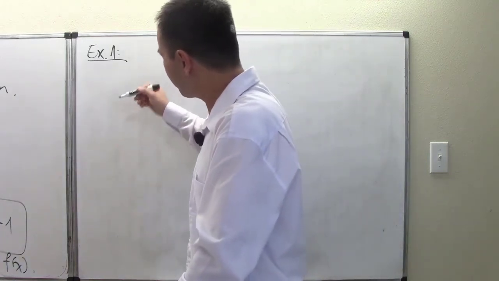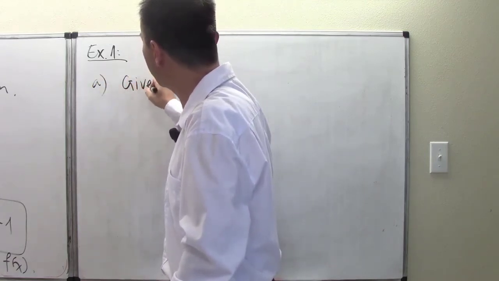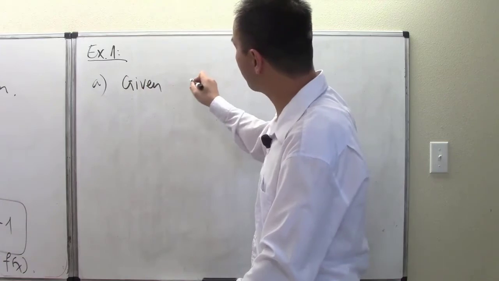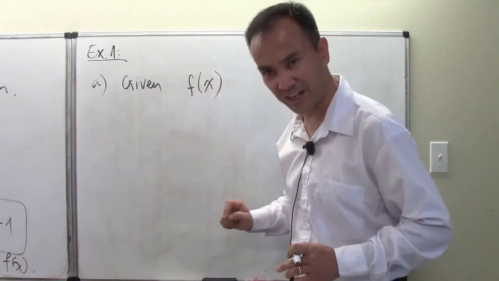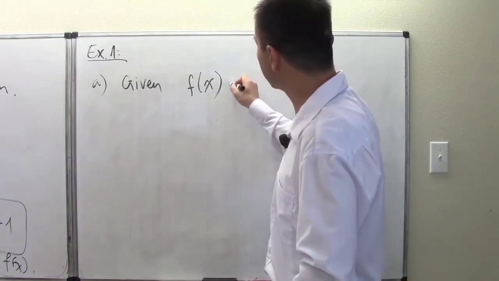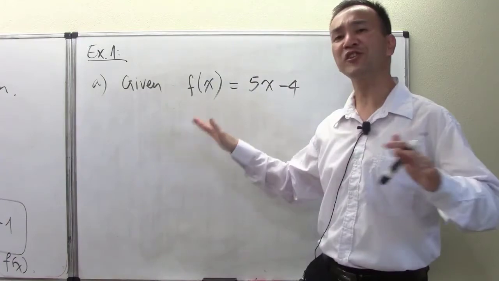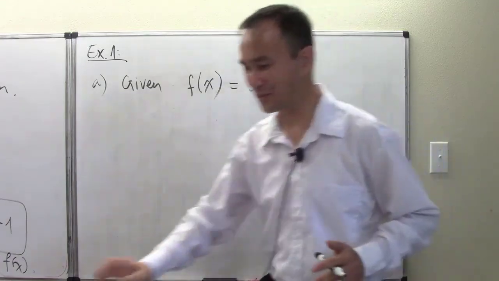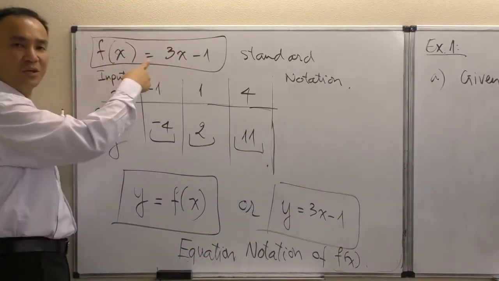So here, part A, I'm going to start out with f of x again, but now I'm writing that as 5x minus 4. That means officially in this lesson we are done with f of x equals 3x minus 1.